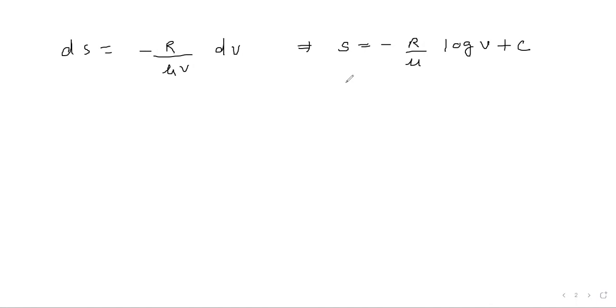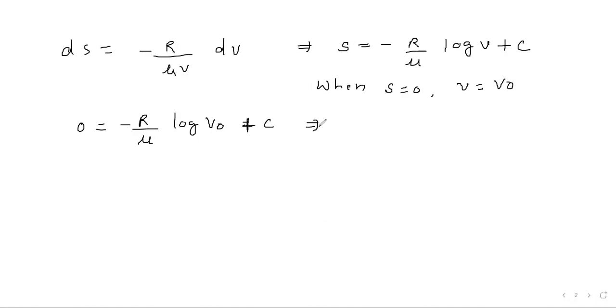In our question, it is given that when s equal to 0, v equal to v0. So if we put that value here, 0 equals minus r upon mu times log v0 plus c. So c will be equal to r upon mu times log v0. Now we put this value of c in equation number 1.